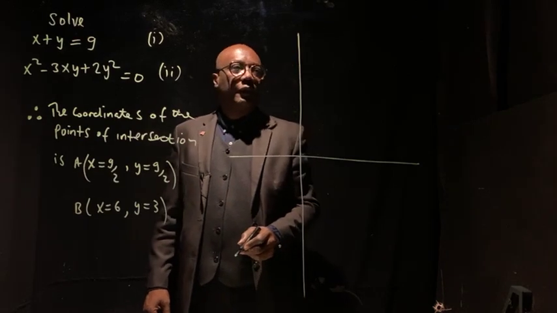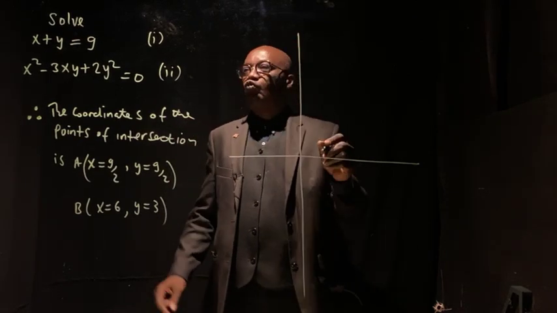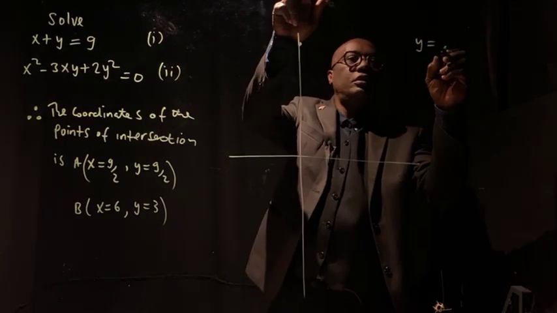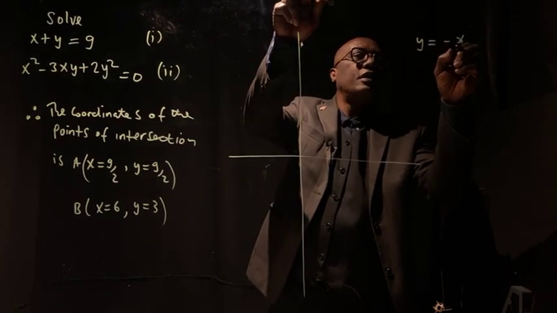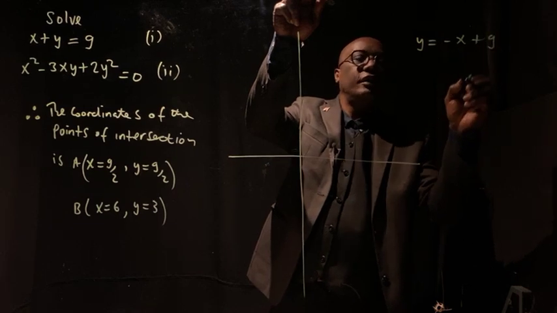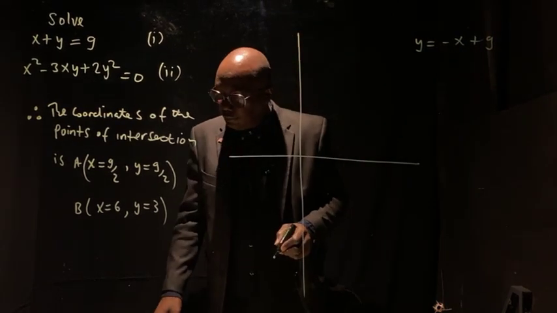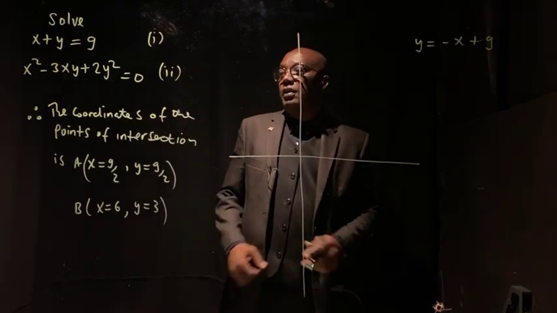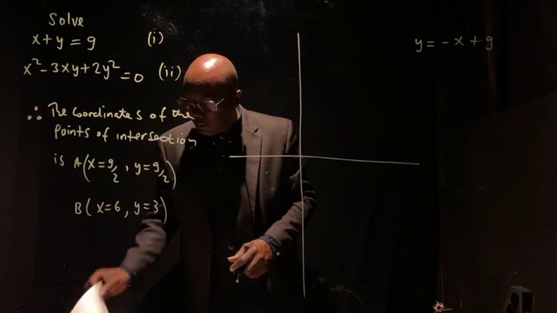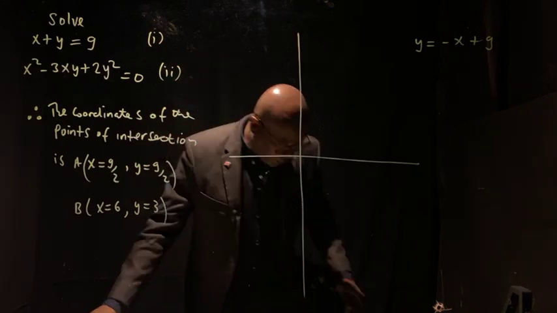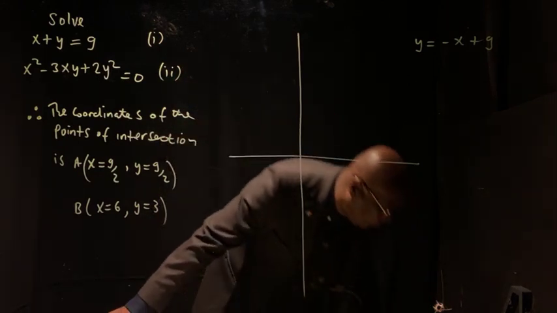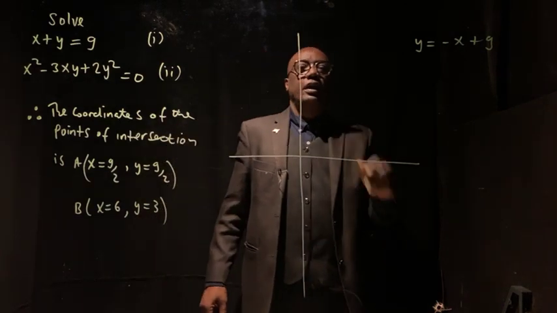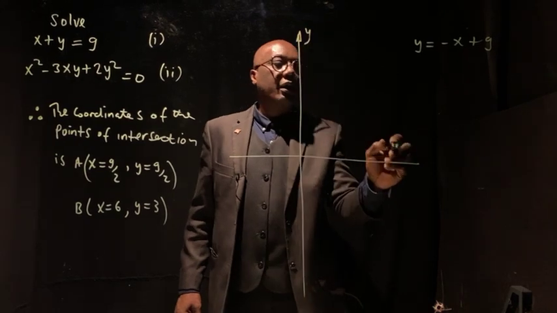And you know that the first equation is y equals minus x plus 9. Let me see whether the question is correct. Yeah, it's correct. y equals minus x plus 9, which is a negative gradient.